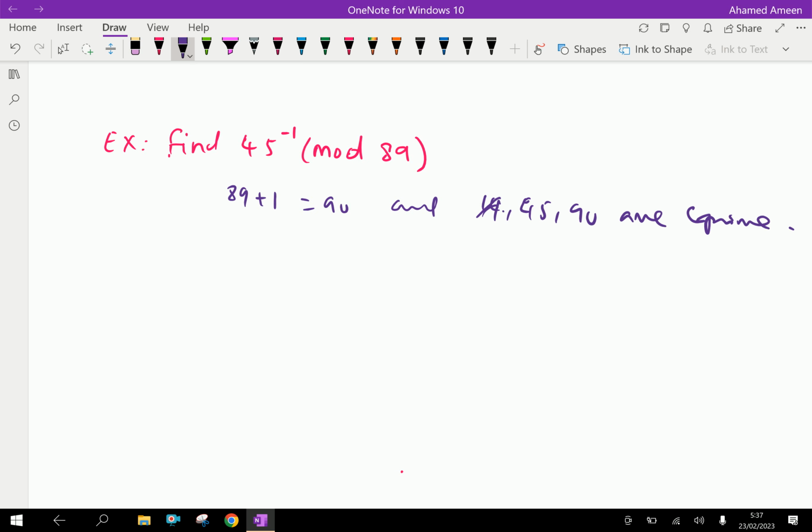Therefore 90 can be expressed as 2 times 45.